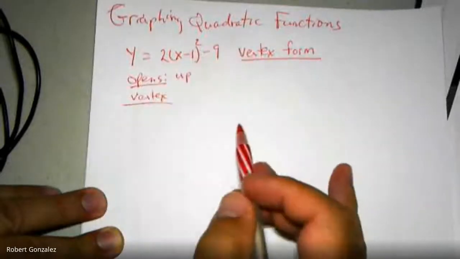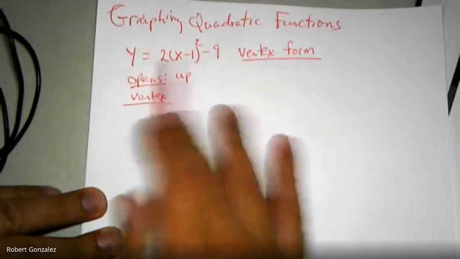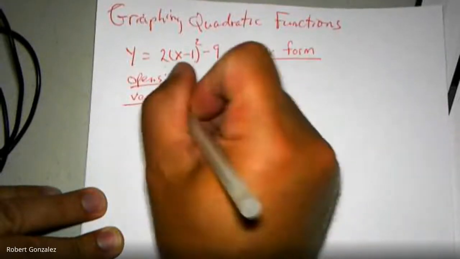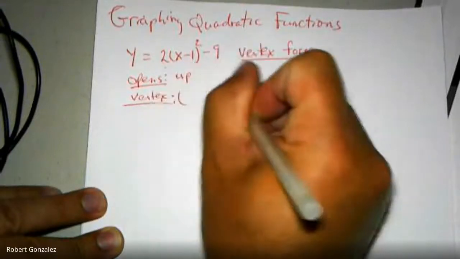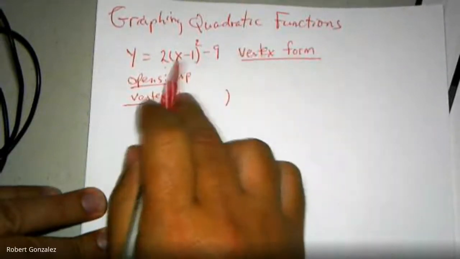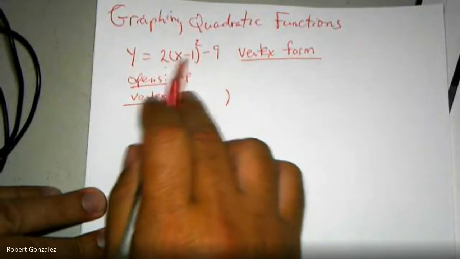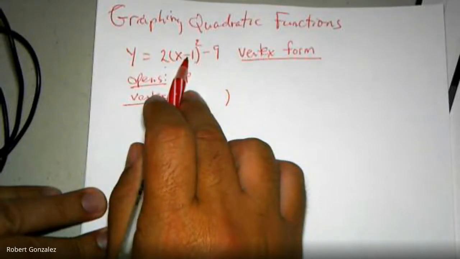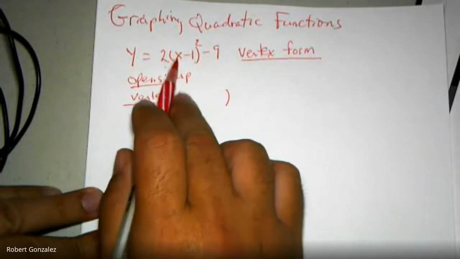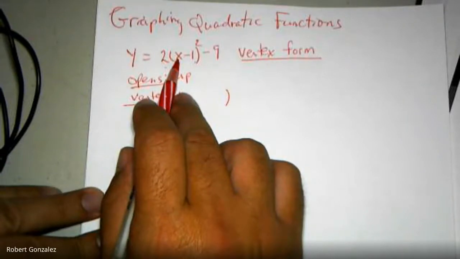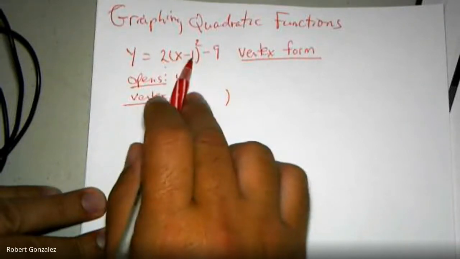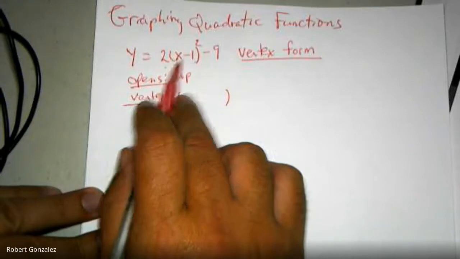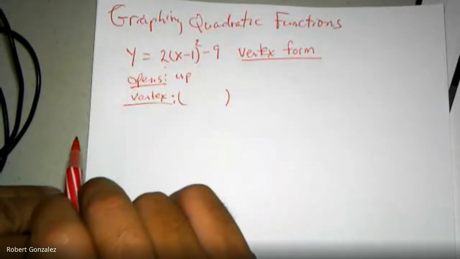Okay. Now, how do we do the vertex? Well, to do the vertex, I have to do a couple things here. Step one, what makes the parentheses equal to 0? Well, what number can I plug in for x to make this parentheses equal to 0? What number, take away 1, equals 0?